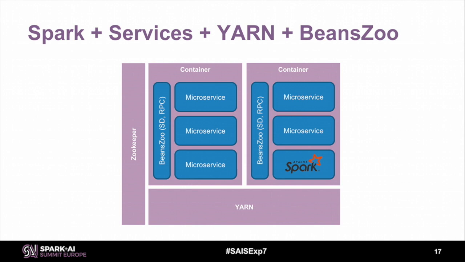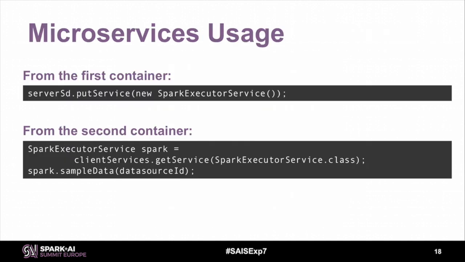So at this point, we start having a picture of a complete YARN distributed application where we have multiple services. We have a Spark context that we can interact with directly to perform some operation interactively. This is just an example of how the microservice model works.